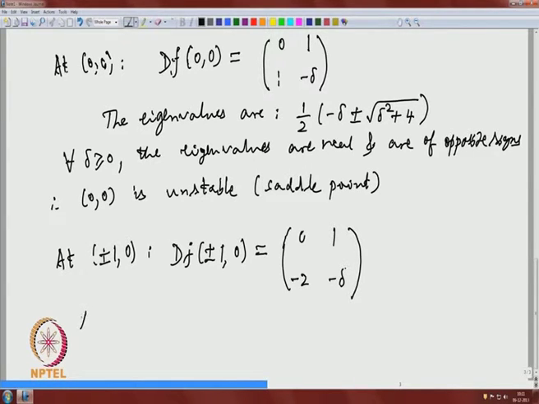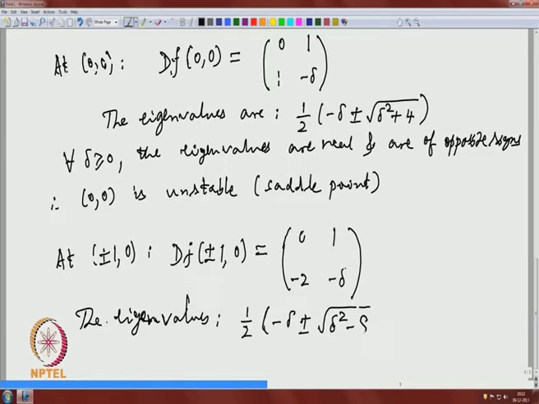The eigenvalues here are easily computable, a 2 by 2 matrix, so no problem. Eigenvalues are half of again minus delta plus or minus the square root of delta square minus 8. In the case of 0 0, you see that it is plus 4 and here it is minus 8, and that makes a difference.